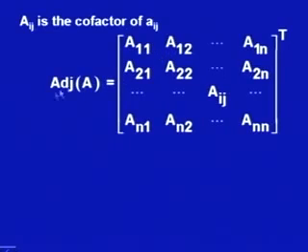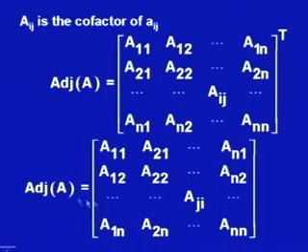That is, adjoint A is A11, the cofactor of element a11 in the matrix A, A12 is the cofactor of first row second column element of the matrix A, up to A1n, and then we take the cofactor of each and every element, and then we take the transpose of it. That defines the adjoint of A.